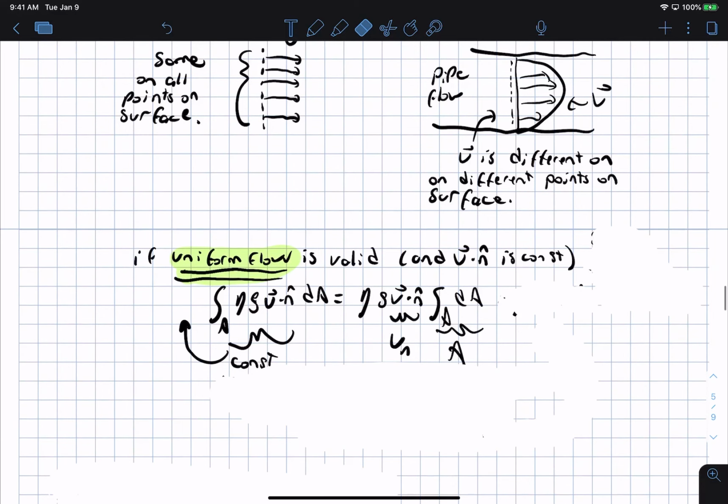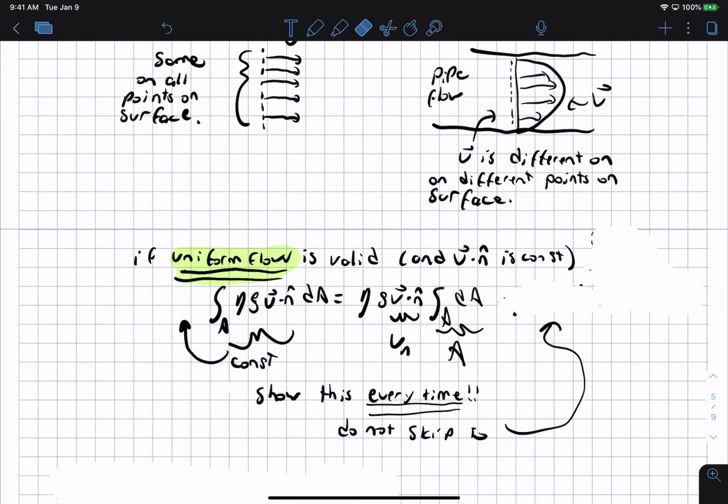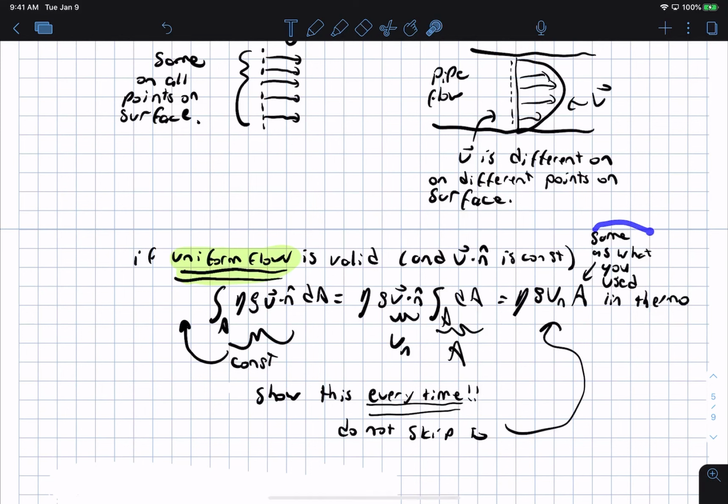Then we can simplify this using these two results, and we get that this whole thing is just eta times rho times vn times the area. This should be essentially the same as what you used in thermo to find the flow rate of enthalpy or m dot or something like that. So this here could be like m dot h.